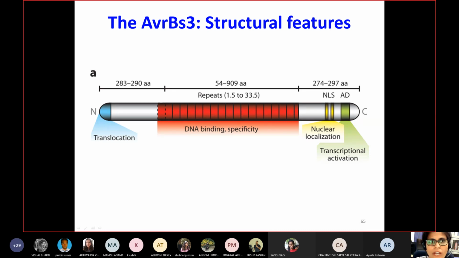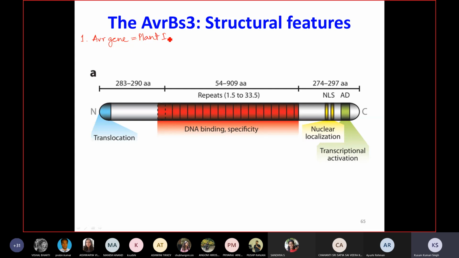What we have been seeing in the last two lectures, especially from lecture number 13, is TAL effectors, that is, transcription activator-like effectors. In the first lecture, I gave a brief summary about the relationship between the avirulence gene, AVR gene, and plant immunity.